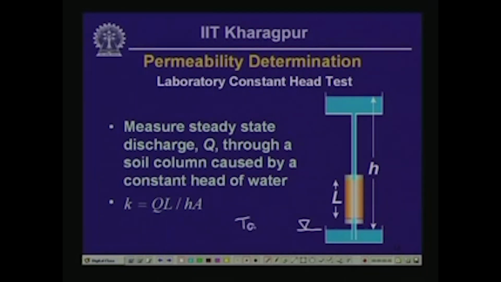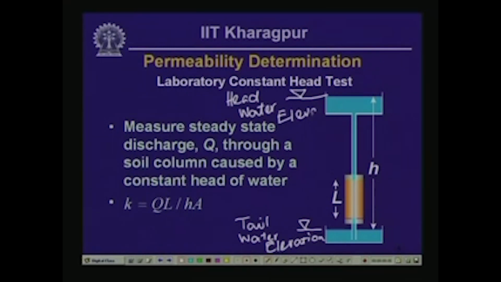This one here is the tailwater elevation, and at the other end of the sample we have a much higher elevation. The difference between these elevations triggers groundwater flow, and the difference is in fact H.